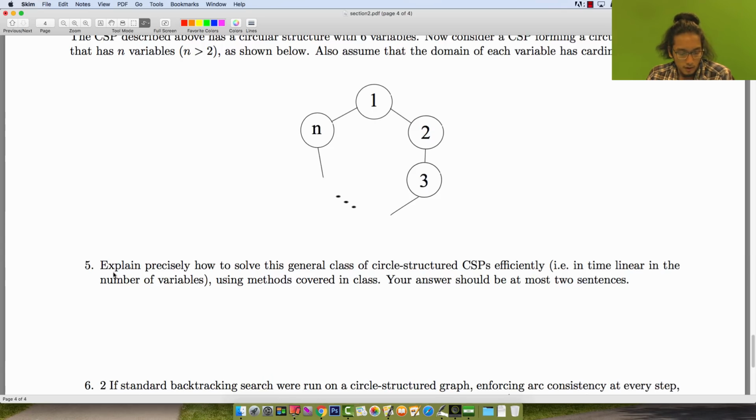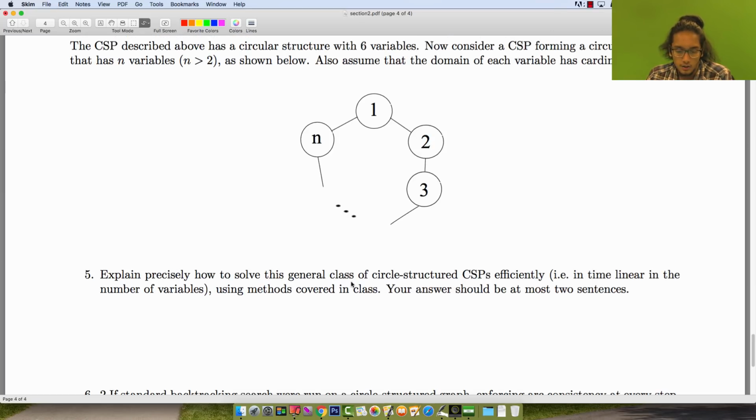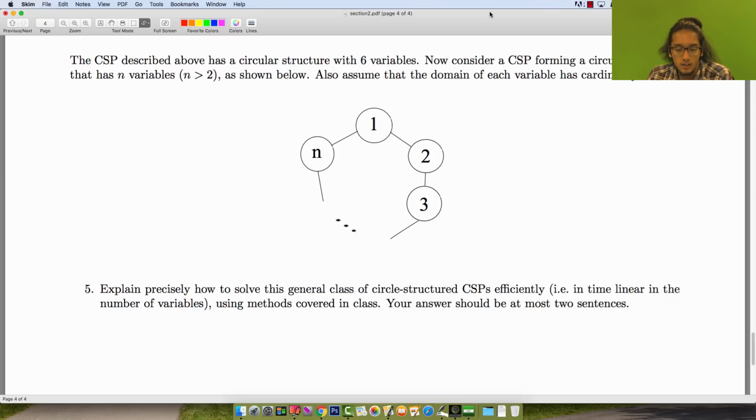Now the question, part 5, is asking, explain how to solve this efficiently using methods covered in this class. It turns out we can use arc consistency to reduce this to a problem that we know how to solve very easily using existing methods. I'll just jump straight into the solution: choose any one of these variables.